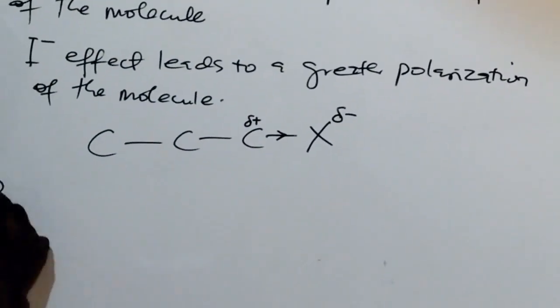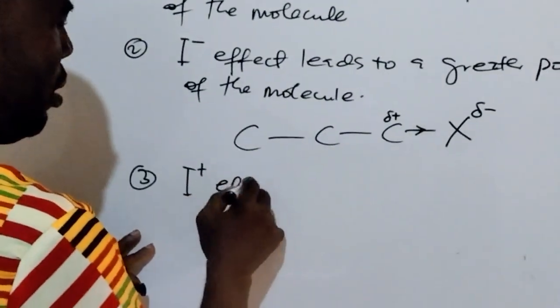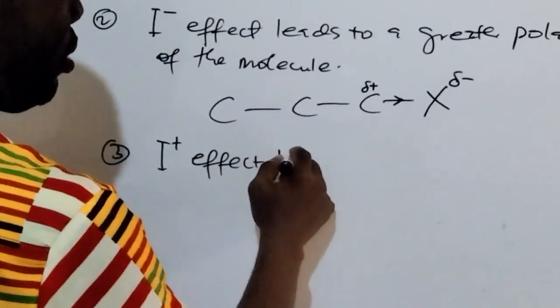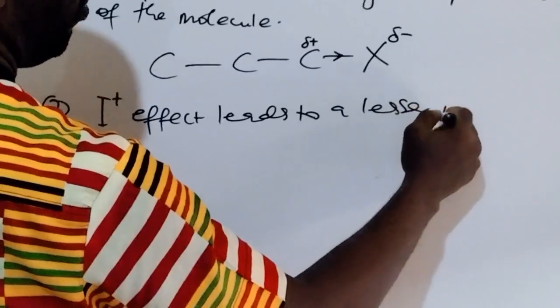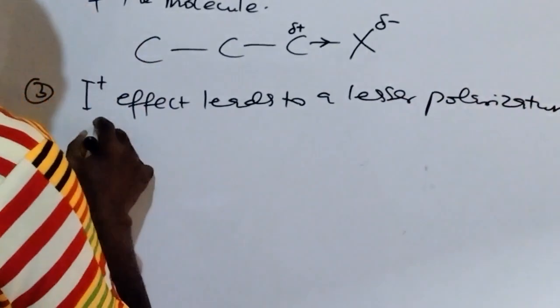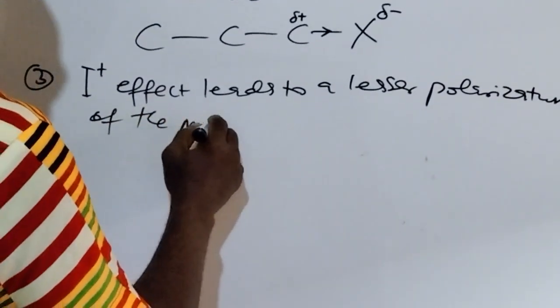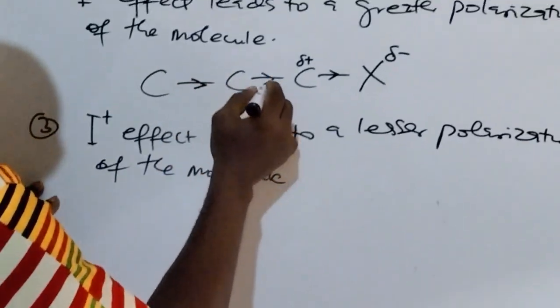Then the positive inductive effect leads to a lesser polarization of the molecule. Why?